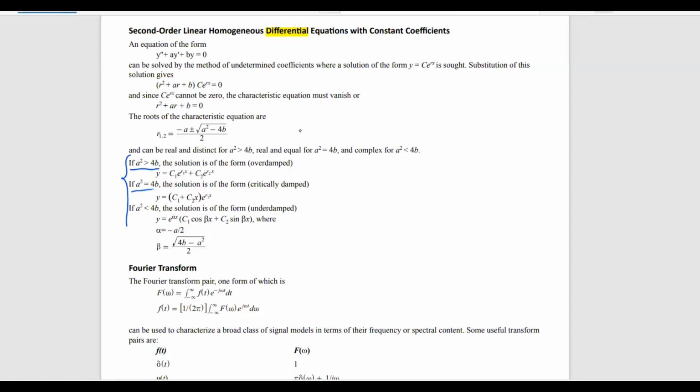I'm going to have to do these checks and then find the solution that is for my equation. So let's follow step by step what we have here. Our equation is of this form. I know it looks a little bit different, but it is of this form. And then we're going to transform it into something like this.